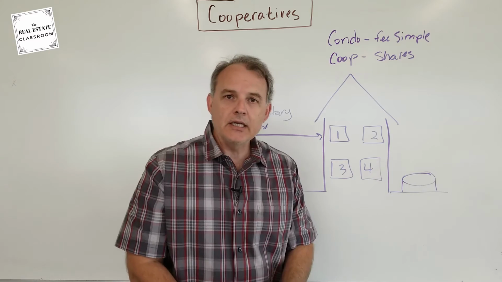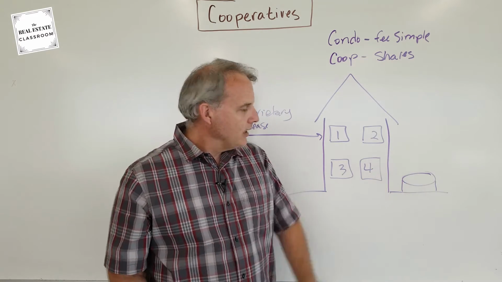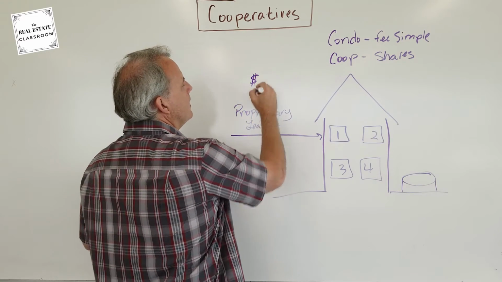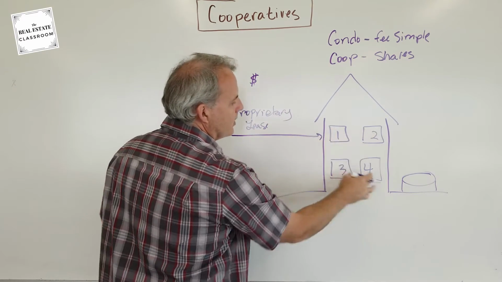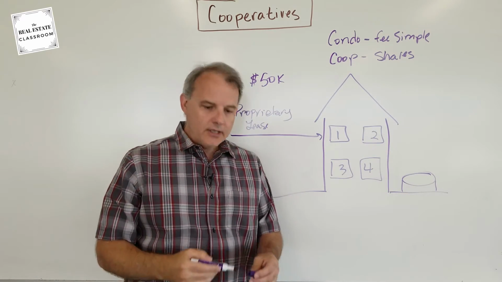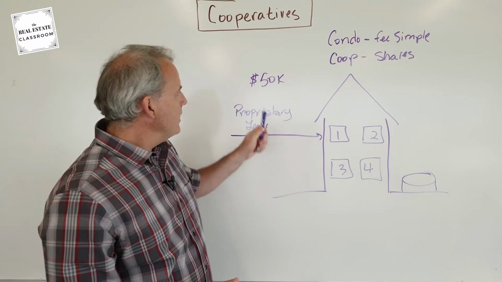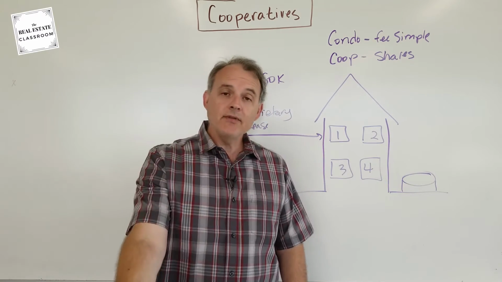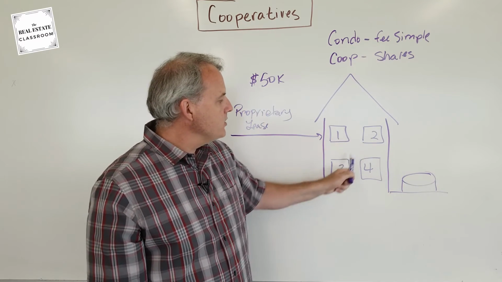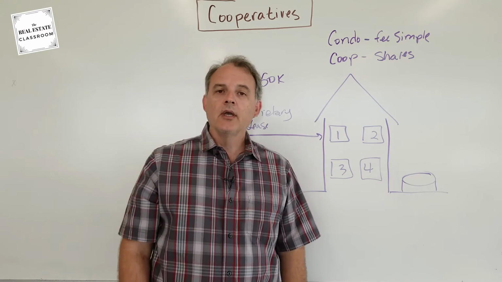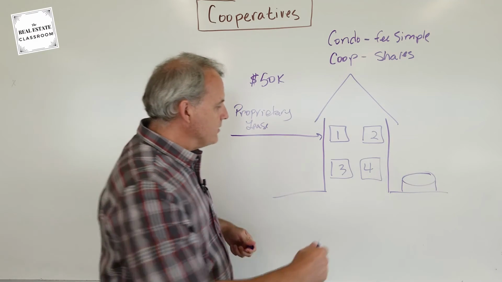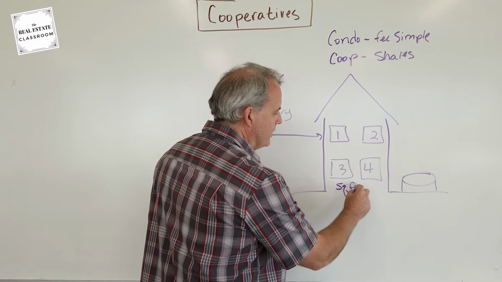Number 2 is this requires maintenance. The roof at some point is going to need to be replaced, and the pool is going to need service, and those type of things. So there's going to be an annual budget that is going to be assessed on each one of the shareholders. So let's say because of capital improvements that need to be done and routine maintenance, the board of directors determined that they need $50,000 this year for maintenance, etc. Well, they're going to assess each one of the unit shareholders a pro rata share of the $50,000, and it's based on square footage of each individual unit.